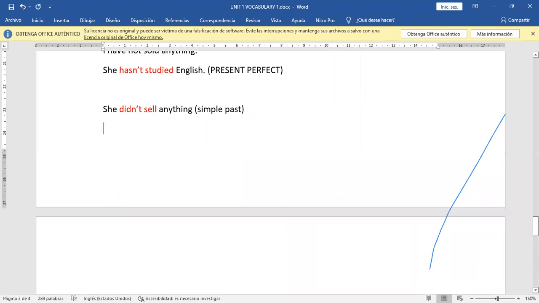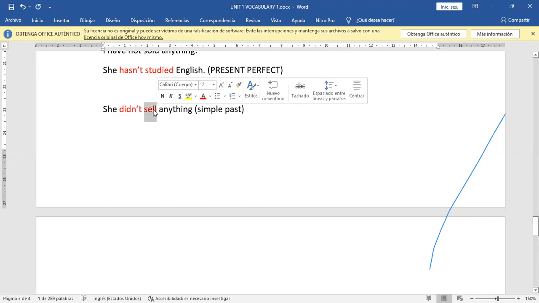"No vendí nada. No trabajé, no estudié." This is different. Simple past. Did es marcador de pasado. Obliga a que se entienda en pasado, pero el verbo tiene que estar en su forma base. She didn't.